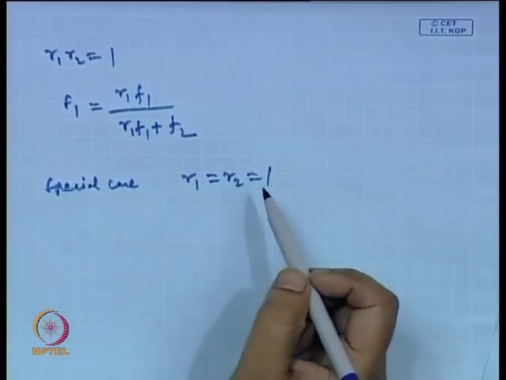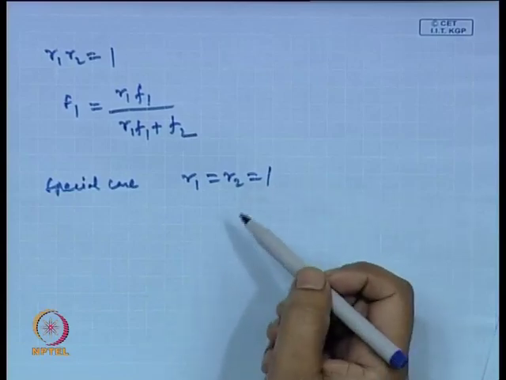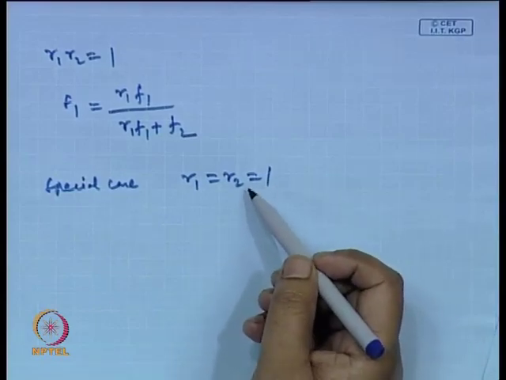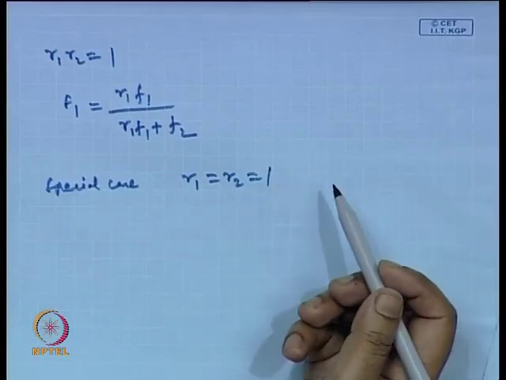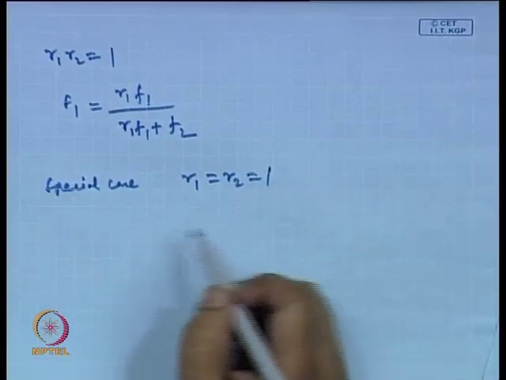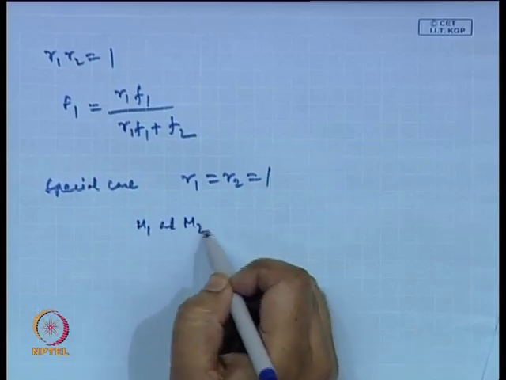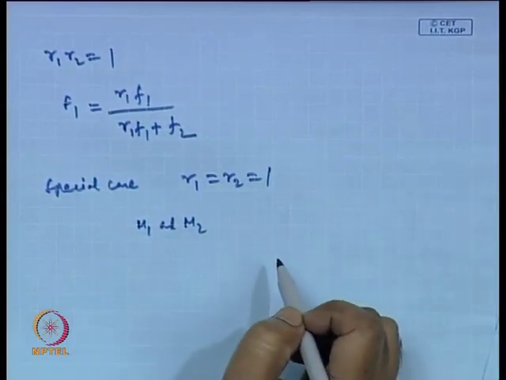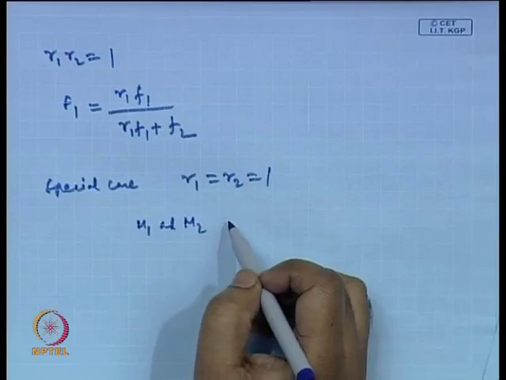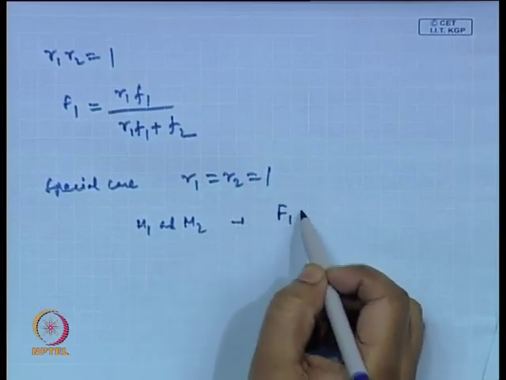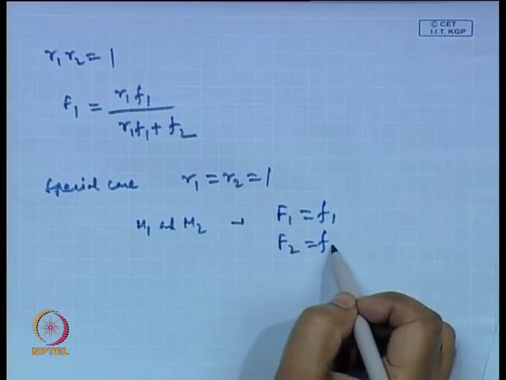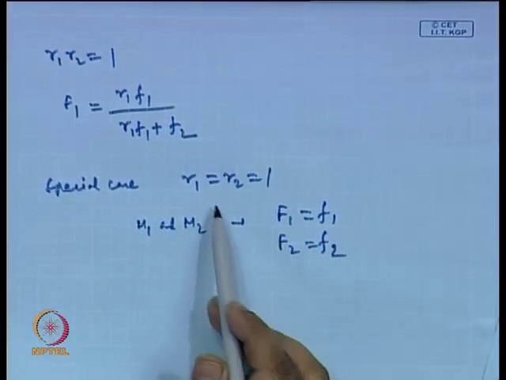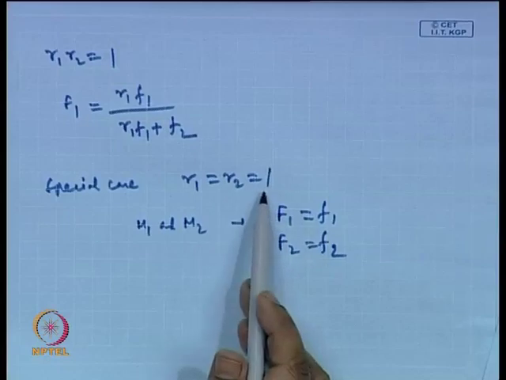What happens again? In this case, as we discussed earlier, the tendency to homopropagate and the tendency to cross propagate are the same. So, M1 and M2 will get incorporated randomly in the copolymer chain, and F1 would be the same as f1 and F2 would be the same as f2, because the monomer reactivity ratios of these two are the same and they are 1.